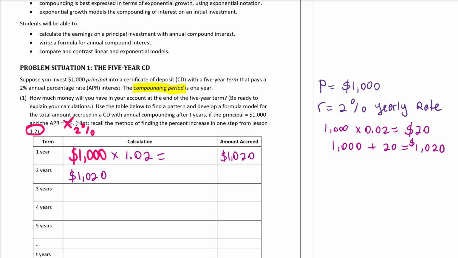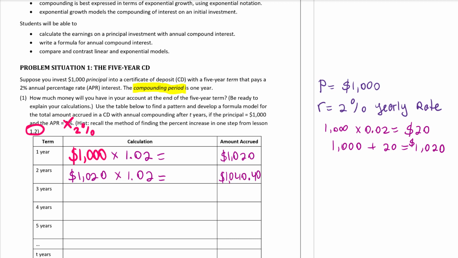Go ahead and do the calculation, again in one step. All right, you're multiplying by 1.02 again, and rounding to the nearest cent, the answer is $1,040.40. You're not getting $1,020, you're getting $1,040, an additional 40 cents because you started with the larger amount.